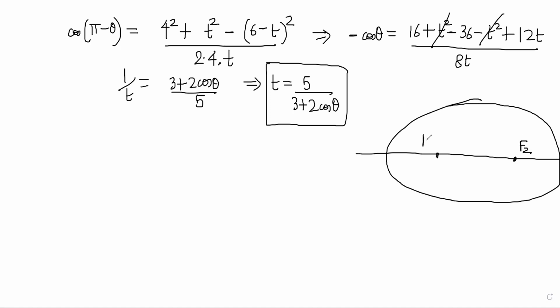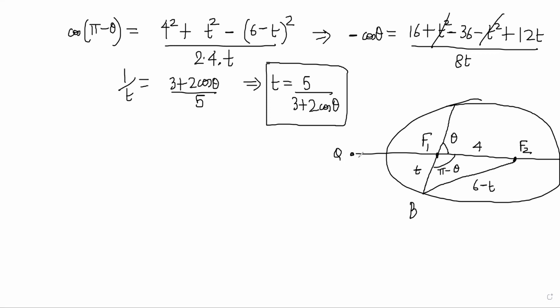This is F1. This is my A and B. This is B, right? And we have joined this. And we said this angle is theta, and this angle is pi minus theta. This distance was t, this distance was 6 minus t, and this distance was 4, right? Okay, and Q was somewhere here, Q, right?